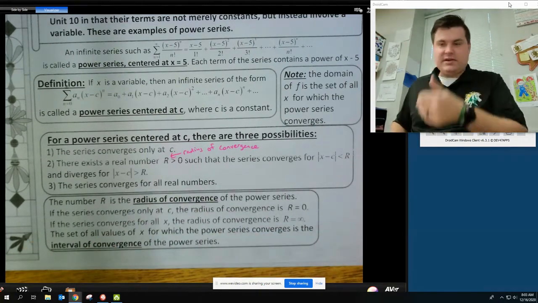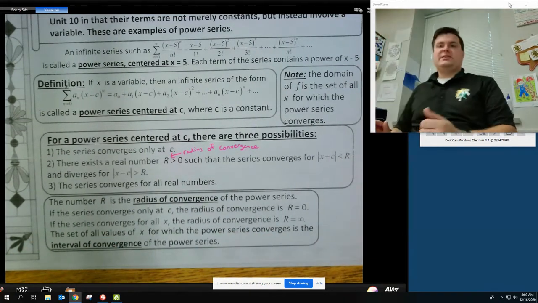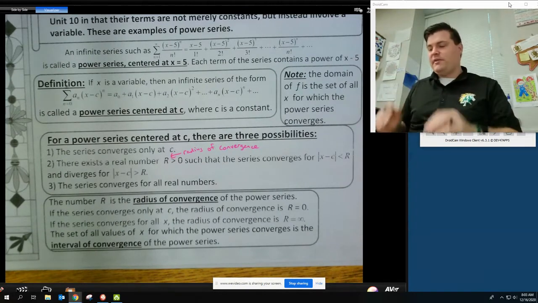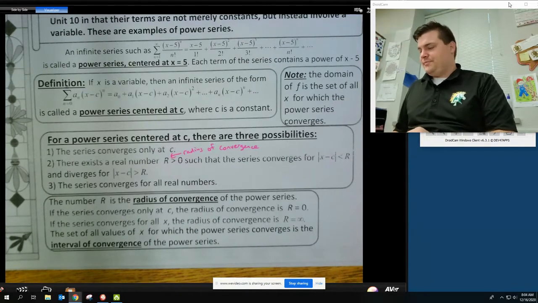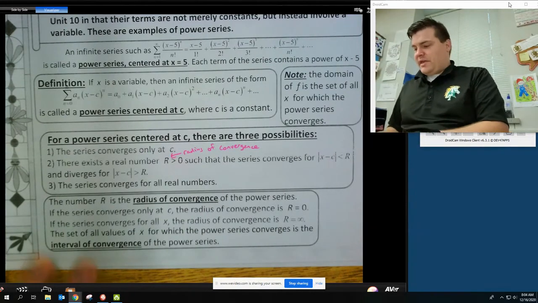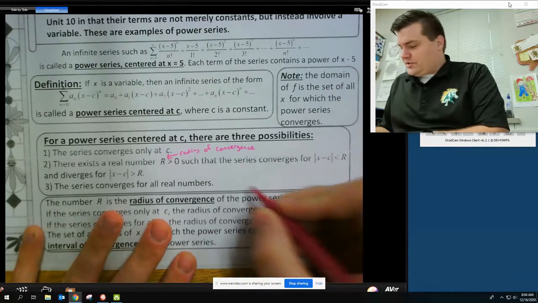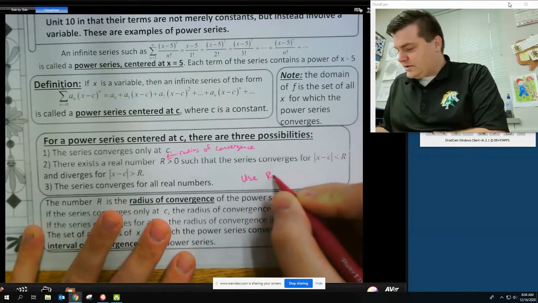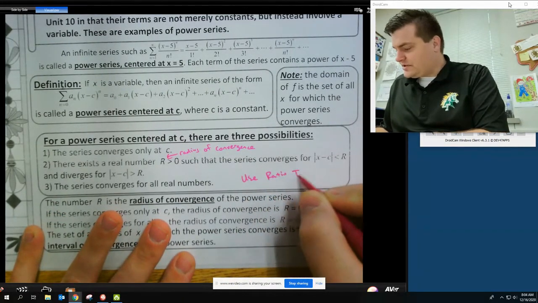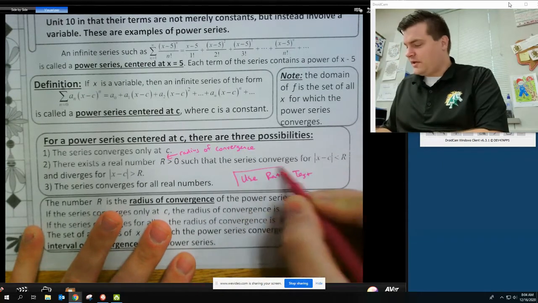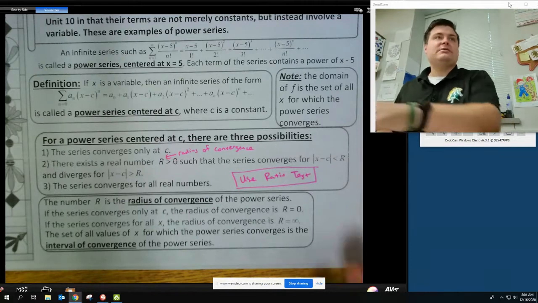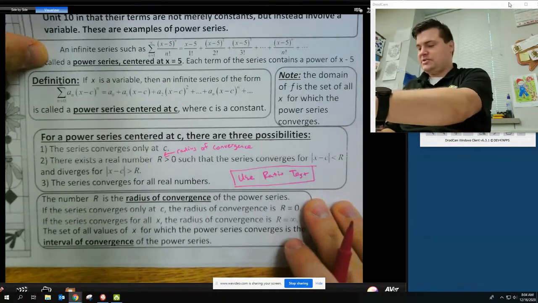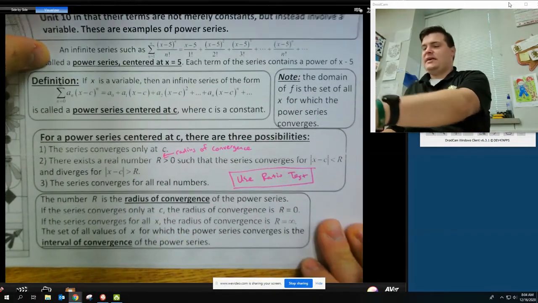So either the series is going to converge or diverge based on what R is, or the series converges for all real numbers. It's important that when we do this, we always use the ratio test to test convergence. This just talks a little more about the radius of convergence down here, but I'll get to that as we do these problems.